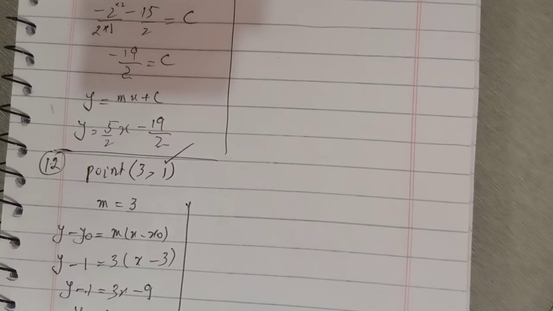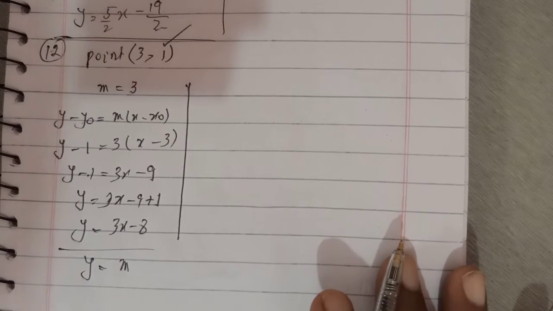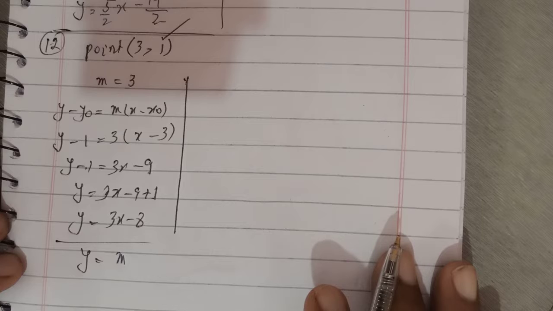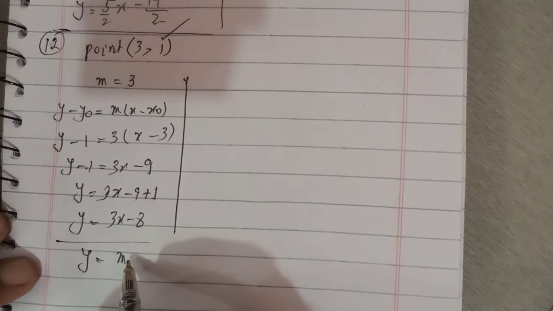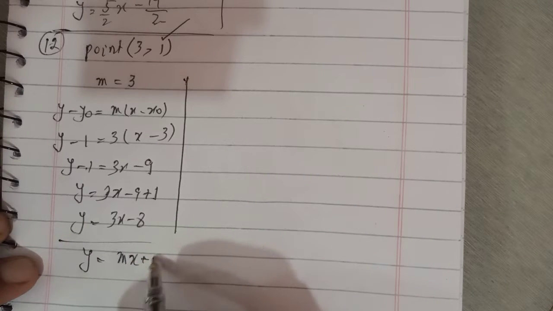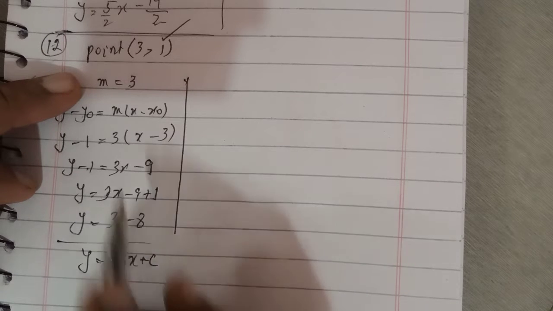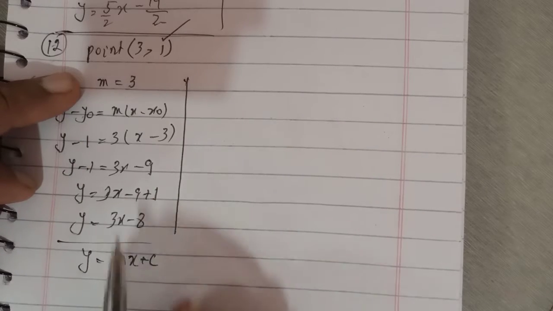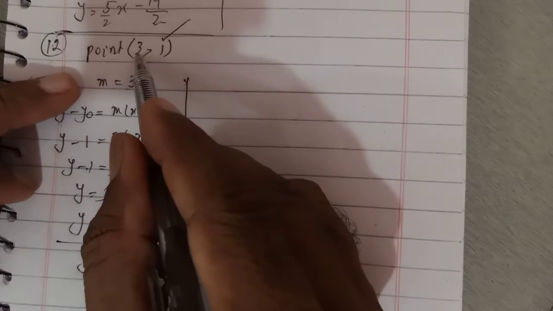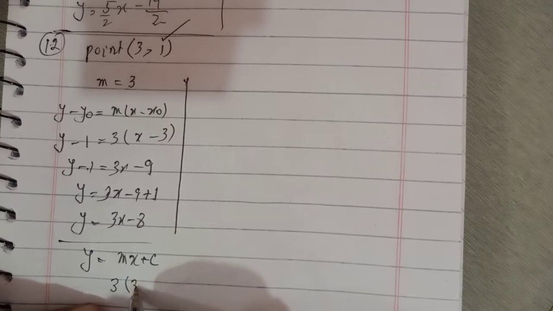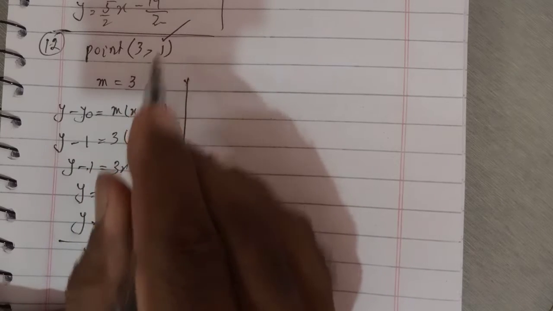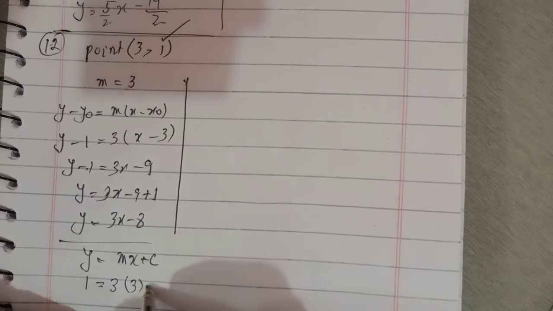If I use the formula y is equal to mx plus c, in the place of m I put 3, in the place of x I will put this 3, and the value of y is 1 in this equation.